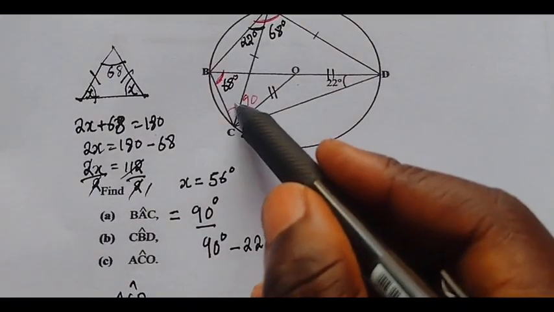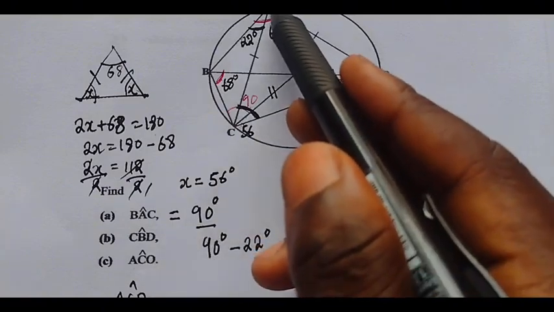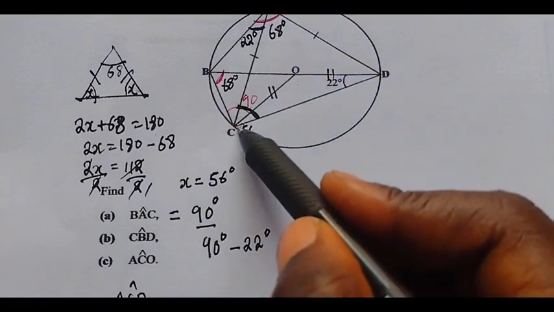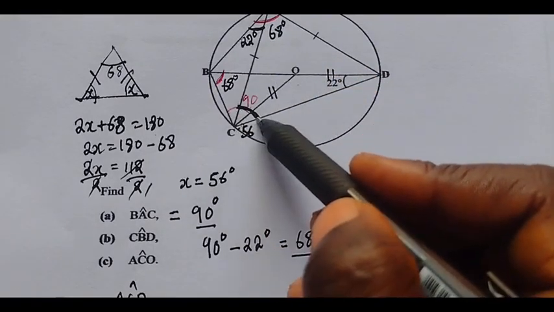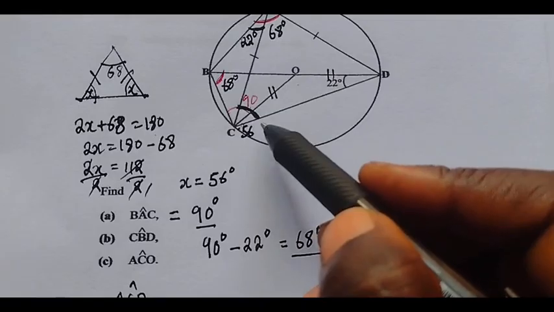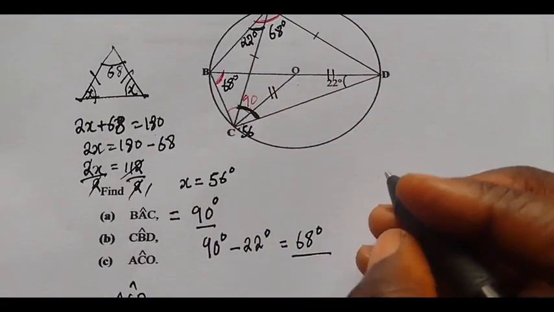So if you have gotten 56 degrees here and you want to find ACO, and here it's a 56. So what we are going to do is just this. Let me write here.